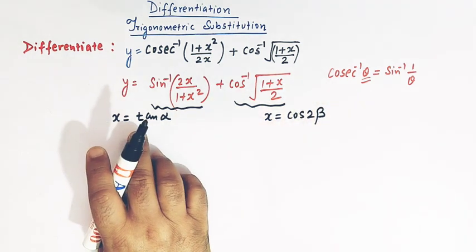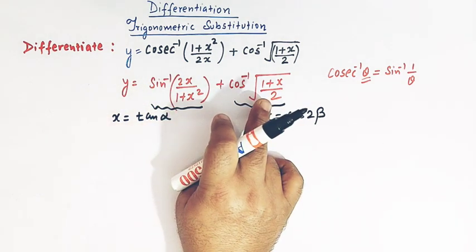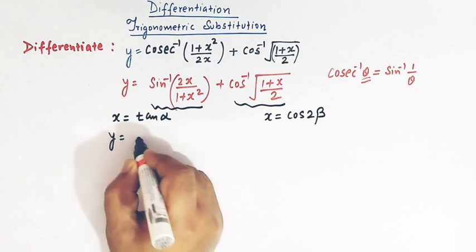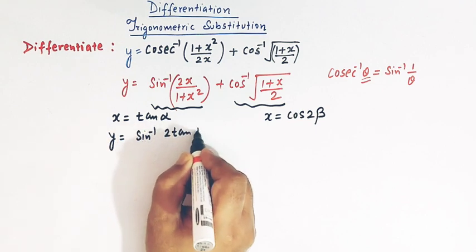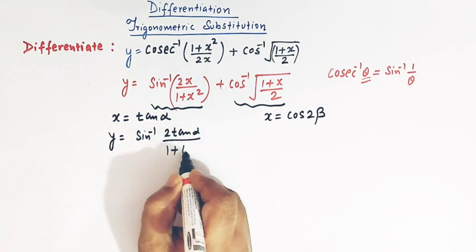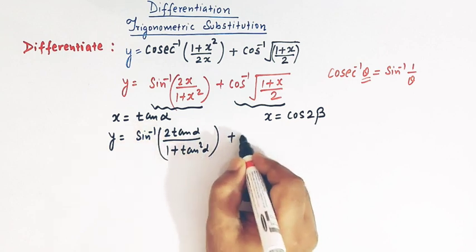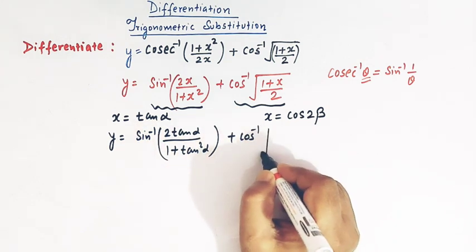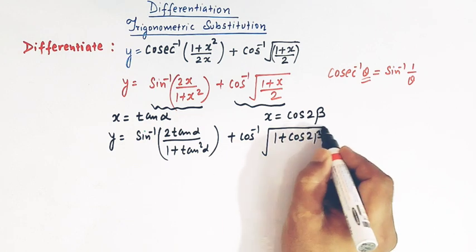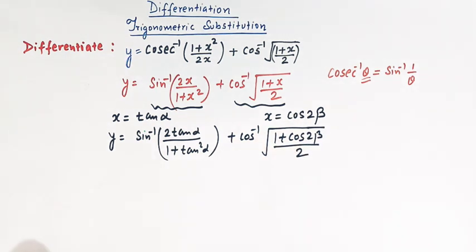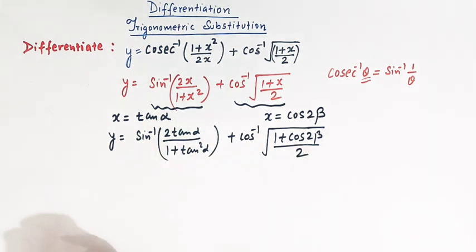So we are making this substitution to simplify this function. So now y can be written as sine inverse of 2 tan alpha divided by (1 plus tan square alpha), and here we have cos inverse of square root of (1 plus cos 2 beta) divided by 2, right?